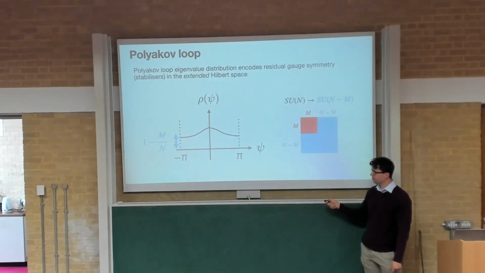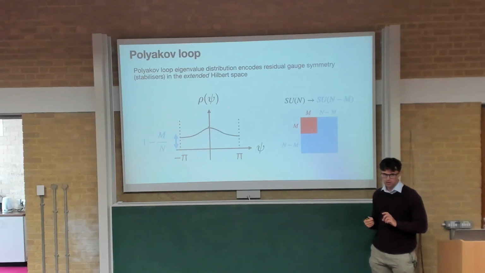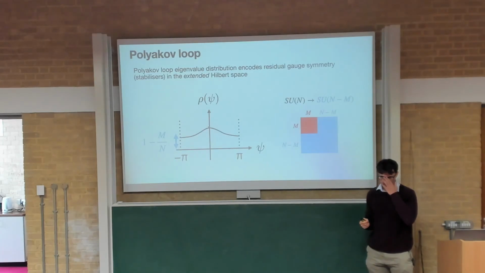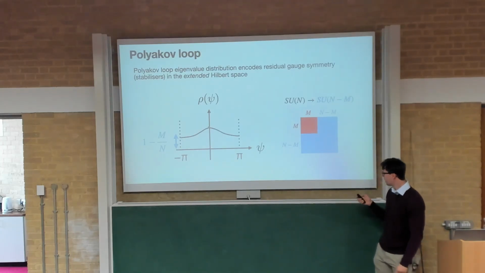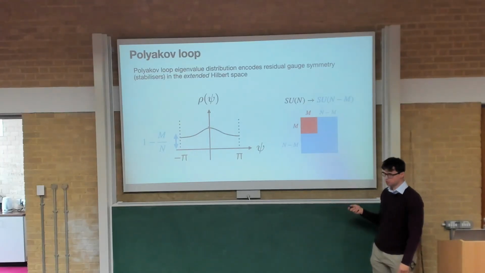The uniform part measures the residual gauge symmetry in the extended Hilbert space. By extended Hilbert space, I mean the Hilbert space before you've performed the projection onto gauge invariant states. And you can read off the confined and deconfined sectors from this distribution.